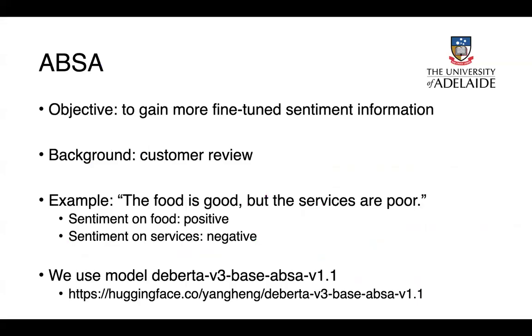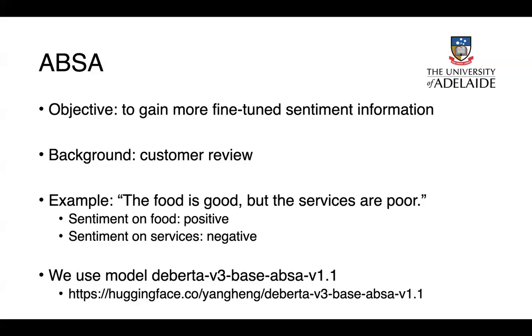And the third method we use is ABSA, the aspect-based sentiment analysis. The goal of ABSA is to gain more fine-tuned sentiment information compared against CSA. It is usually used in reviews customers left in apps.